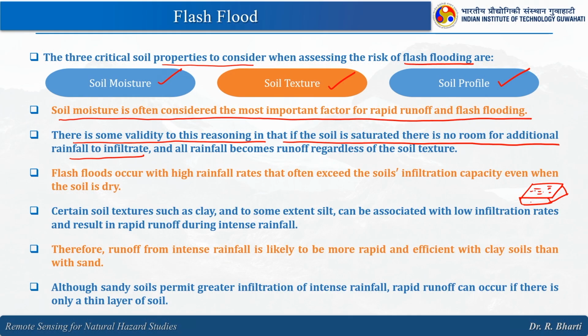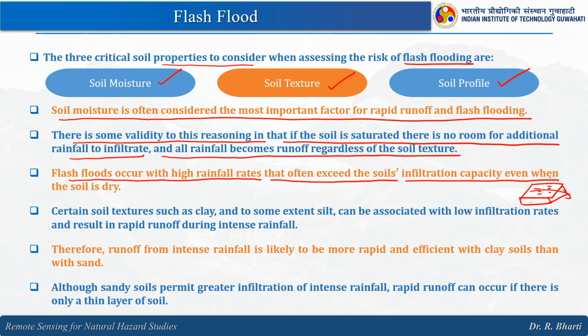So what will happen? This will start flowing, and all rainfall becomes runoff regardless of the soil texture. So if the intensity is high and duration is long, it doesn't matter what soil type you have, everything will lead to flood. Flash flooding occurs with high rainfall rates that often exceed the soil infiltration capacity even when the soil is dry, right.